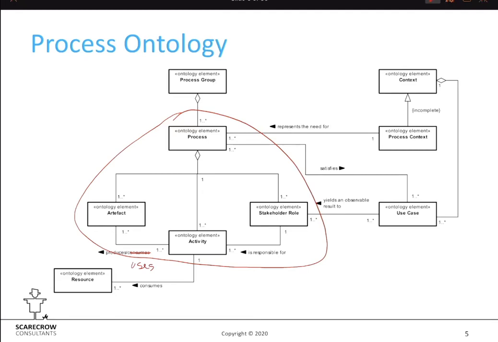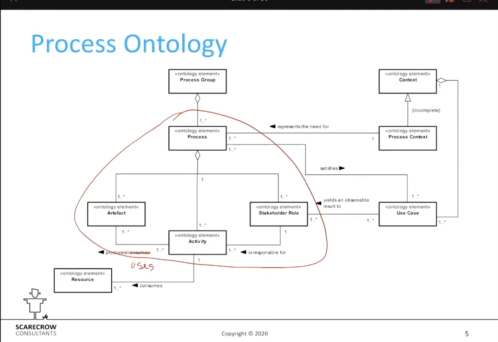Consumption implies that it destroys, and it doesn't. It just means that some activities produce things, some use those things to produce other things. So the artifacts are the inputs and outputs of your process and of the activities within that process. So they're the things like your design documents and review reports, and ultimately the actual system that you're building.